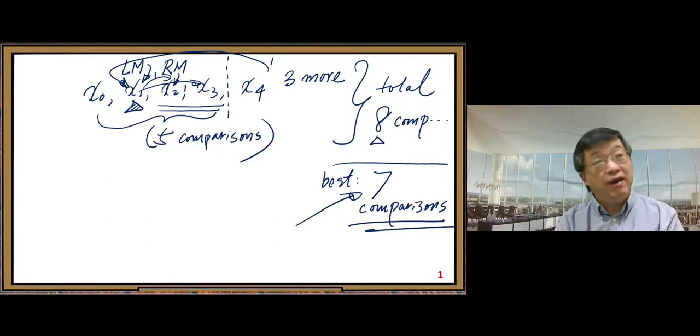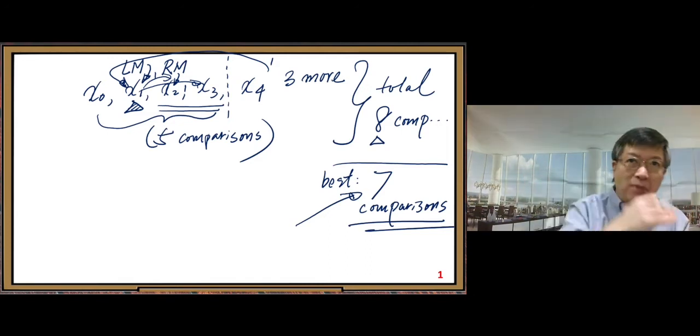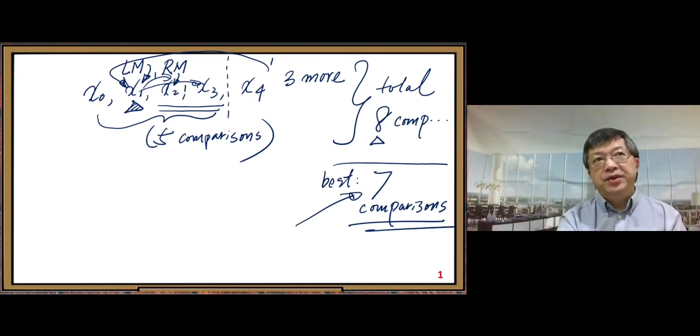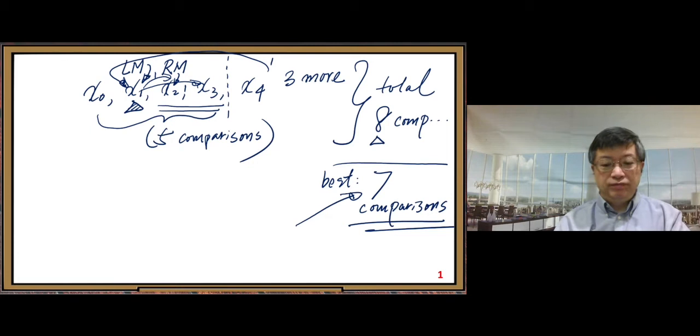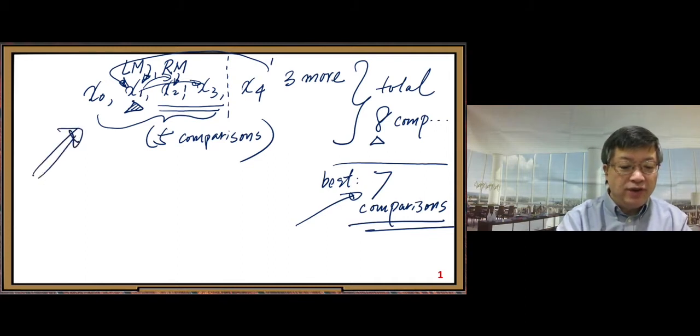That hard, really hard. But here I just tell you several key steps. If you get those key steps, then you can get 7 comparisons. Not that hard. First, the problem: why is this solution not good?